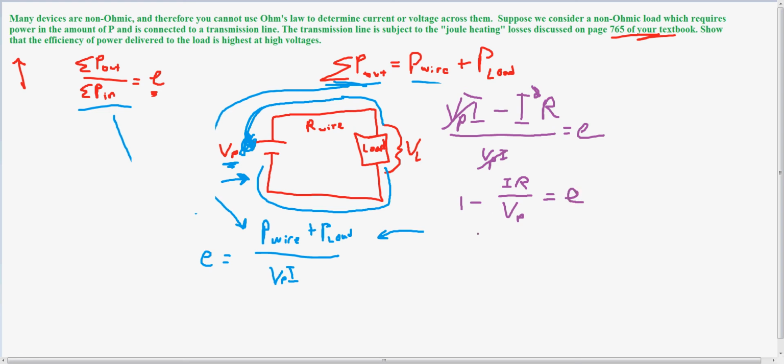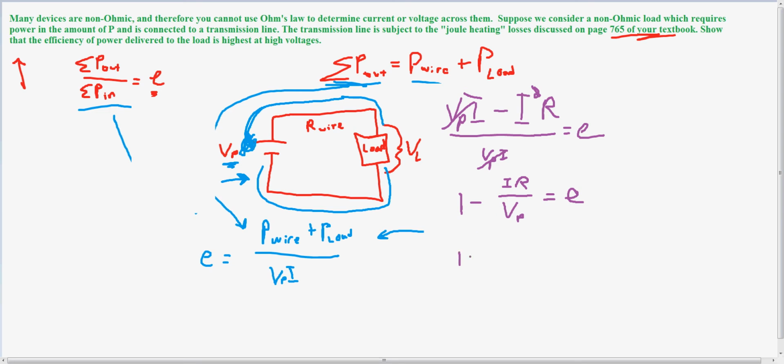Now, if you plug numbers into this, you should get that the more power you supply to the system, and if the I and the R, the current and the resistance, maintain the same values, we'll be getting closer and closer to 0.